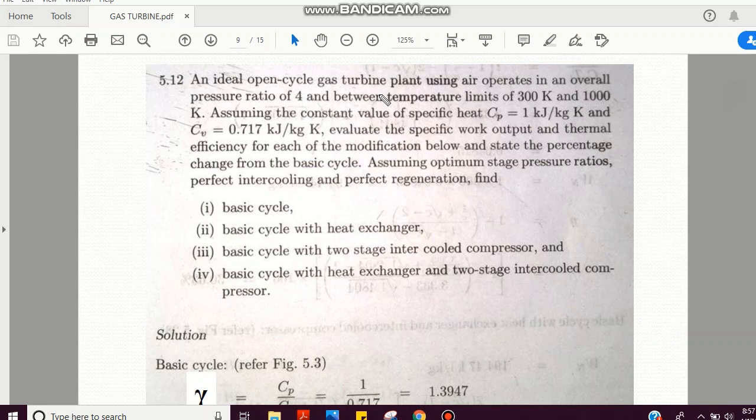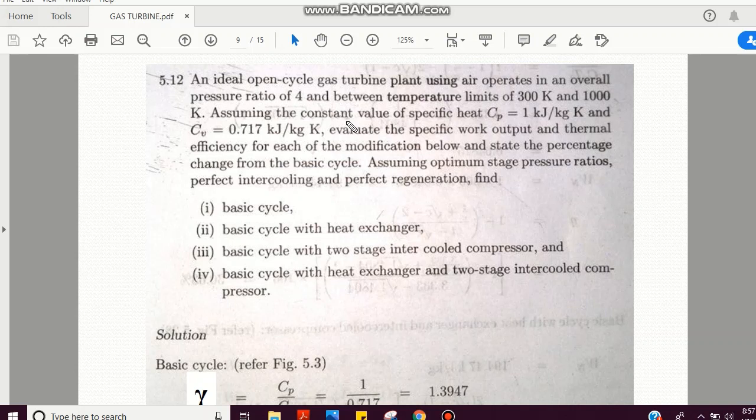In the next numerical, it says that an ideal open cycle gas turbine plant using air operates at an overall pressure ratio of 4, and between the temperature limits of 300 Kelvin and 1000 Kelvin.